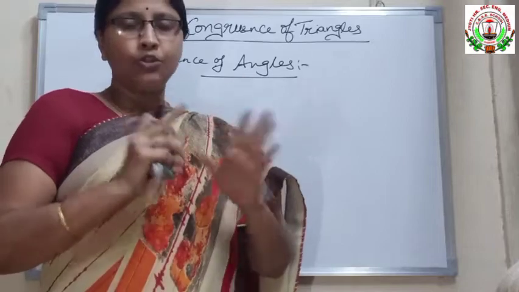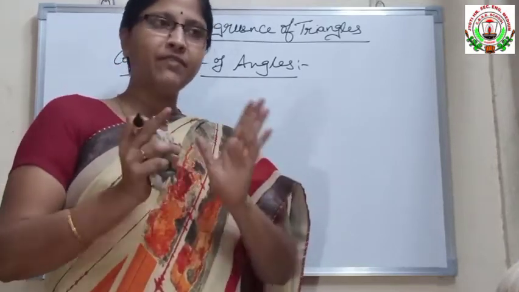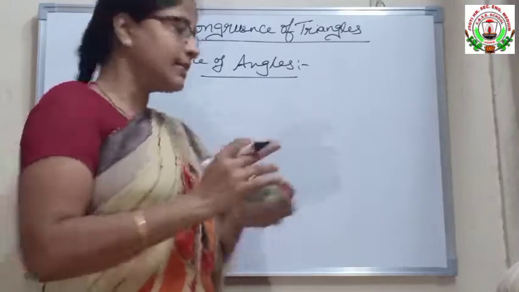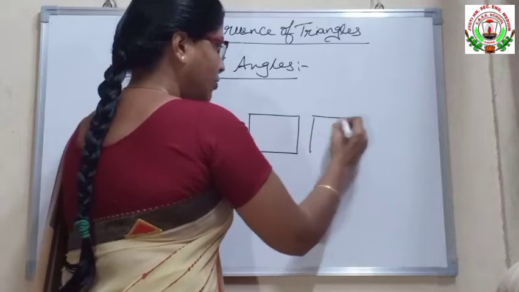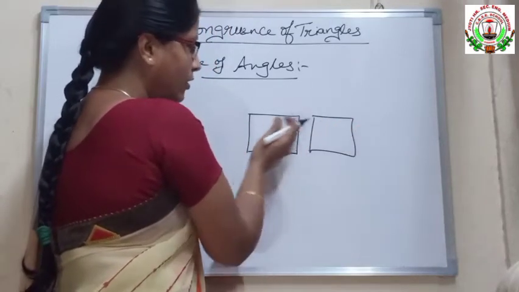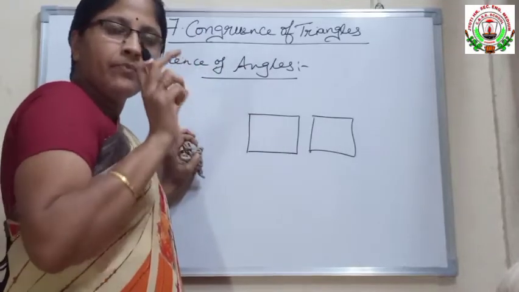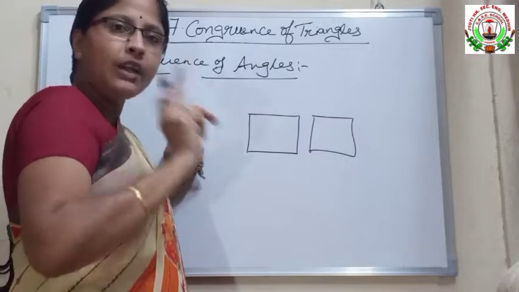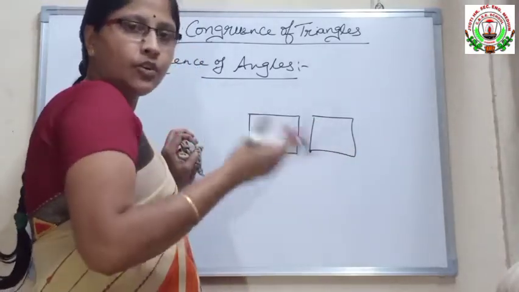Any two plane figures are said to be identical when we place one on the other. For example, I have taken this as a square. When I place this second square on the first square, we can see that both the squares are only one. So we can say these two plane figures are congruent to each other.